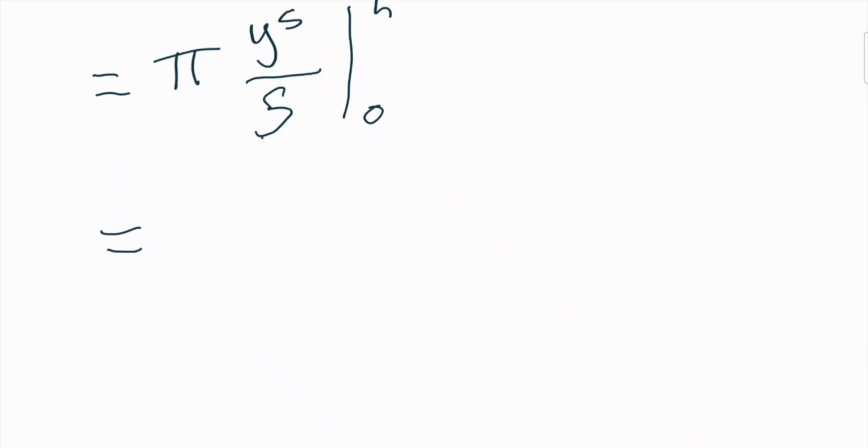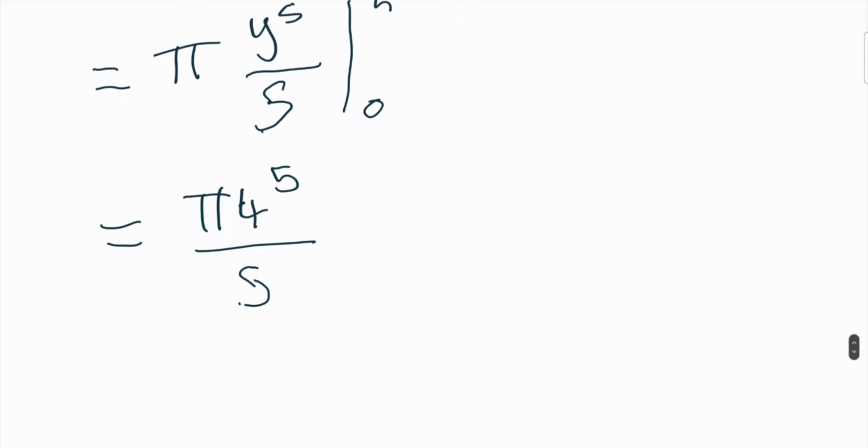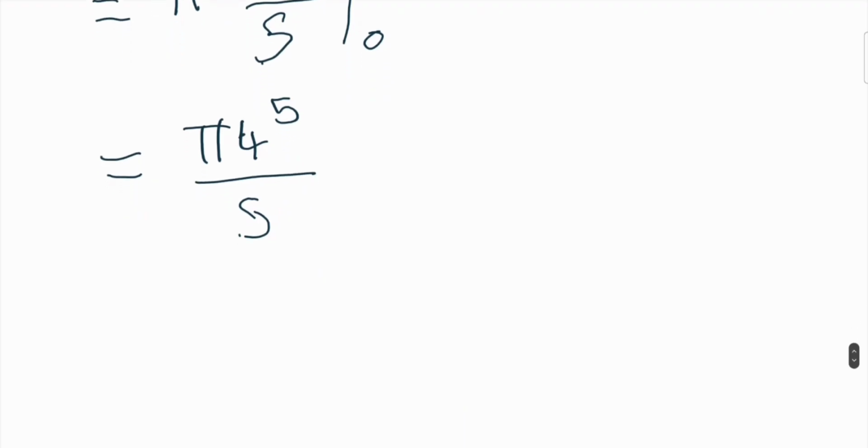So this is going to equal pi times 4 to the 5th over 5, and then we don't have to worry about 0 being plugged in for y, as we know that that will come out to 0.